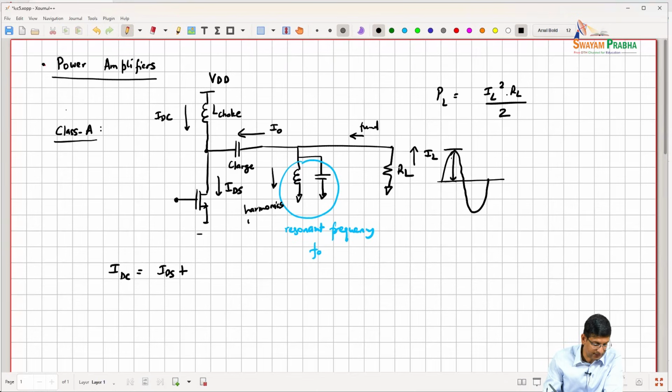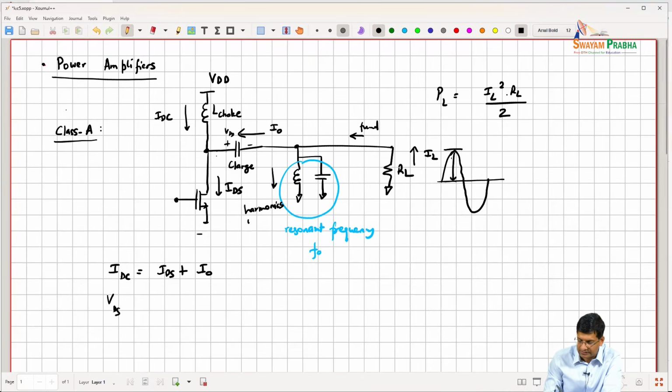IDS plus I0. And if I think about the voltage across a transistor, you can think that this capacitor will be charged to VDD at DC, because no current is flowing through at DC. And so, any voltage that is at this node, you have to add the voltage across the capacitor to get to this node.